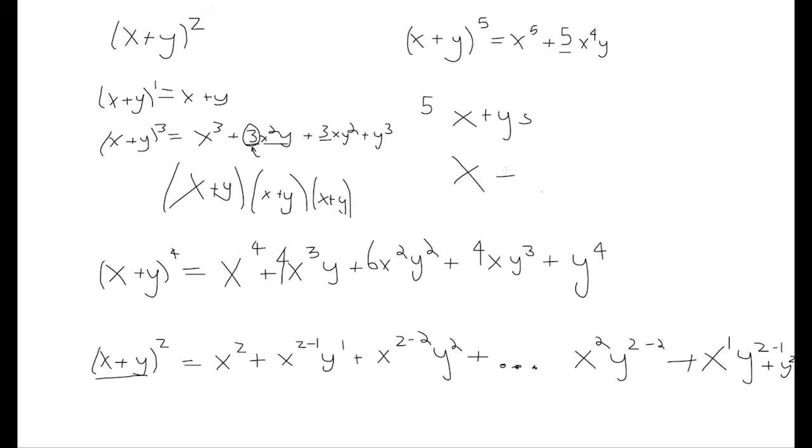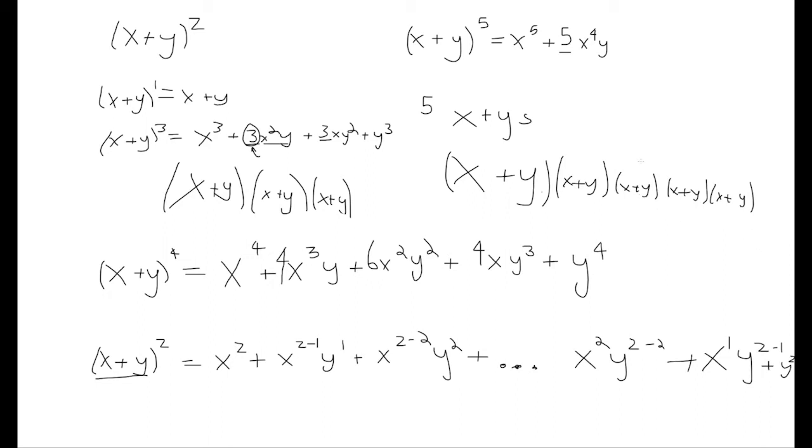So I'll write it all out. x plus y, x plus y, x plus y, x plus y, and x plus y. Any single one of these can be a y. So this one can be a y, maybe, or this one can be a y, or this one, this one, this one.